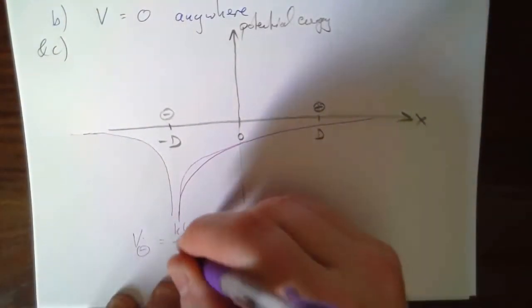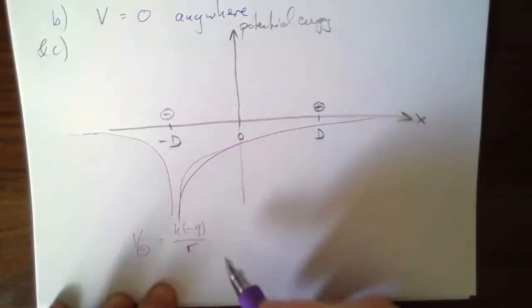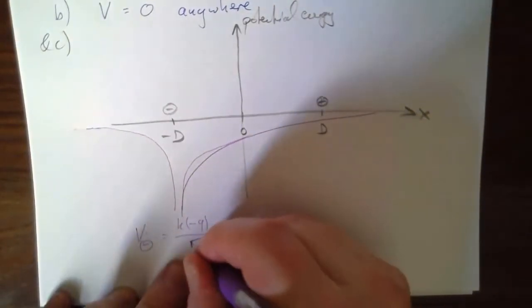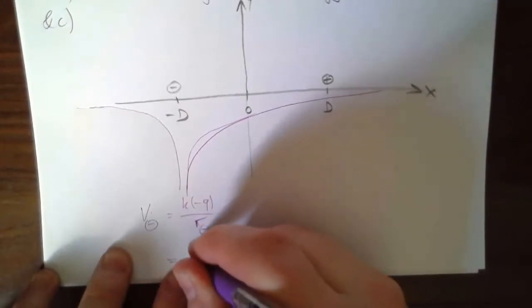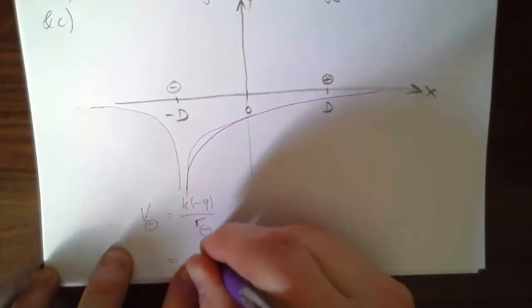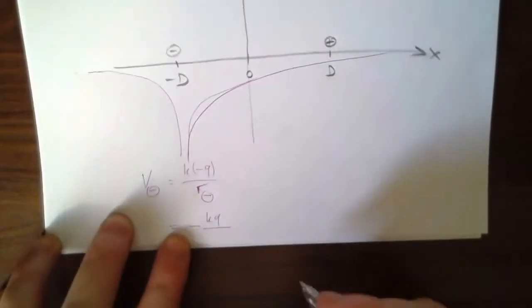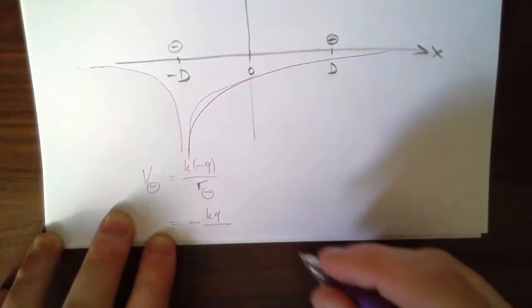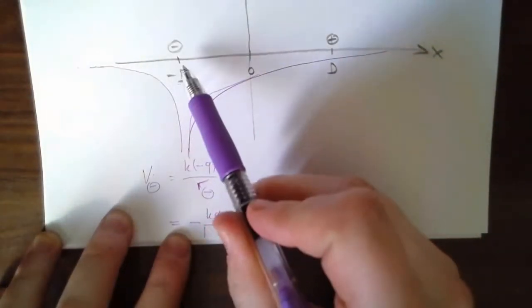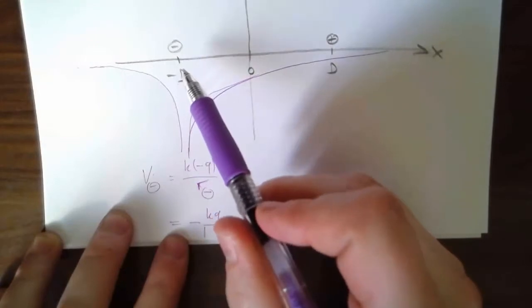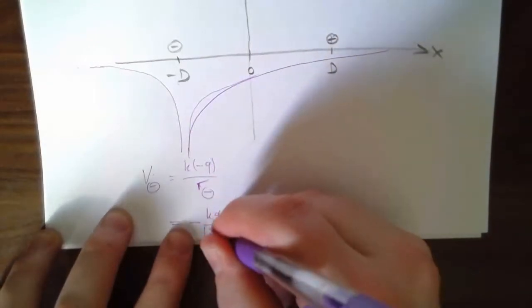Let me just write R for now. R, meaning the distance from the negative charge, so that is minus KQ over the distance from the negative charge, which is given by your x value plus D.